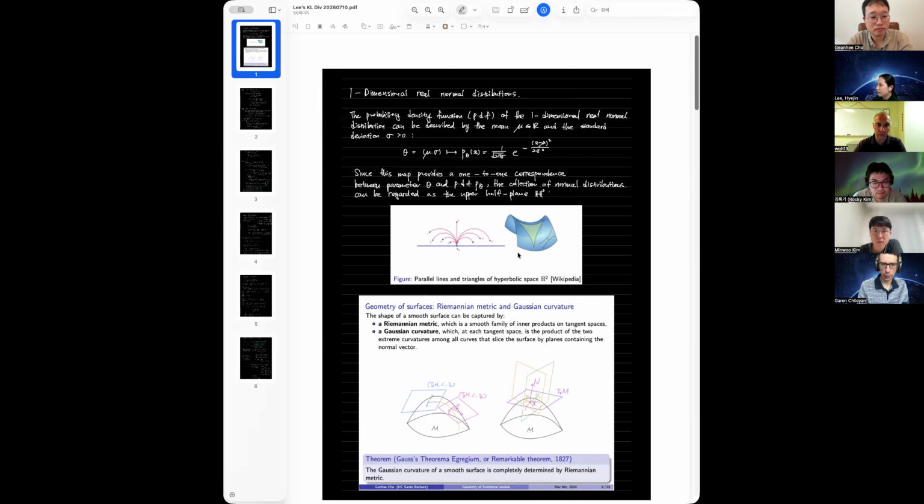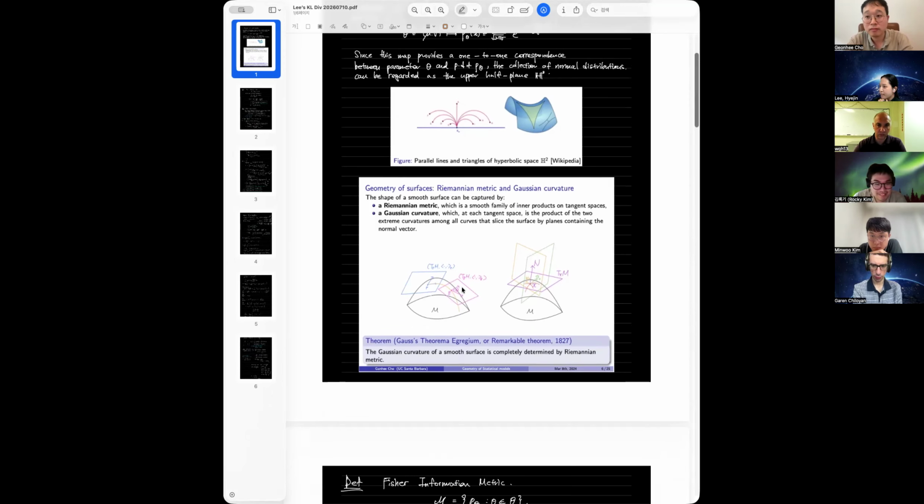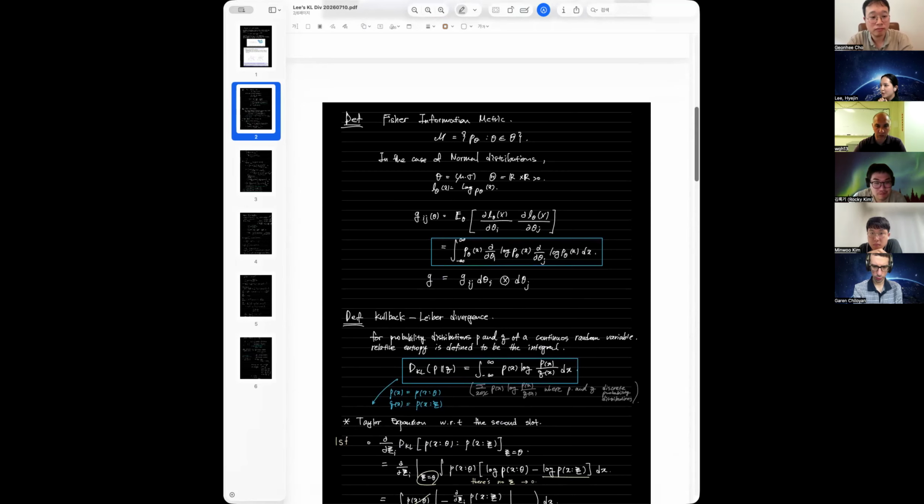So I want to show my calculation today. Sorry for not relating to the first page, but I will introduce the definition of the Fisher information metric on this slide.